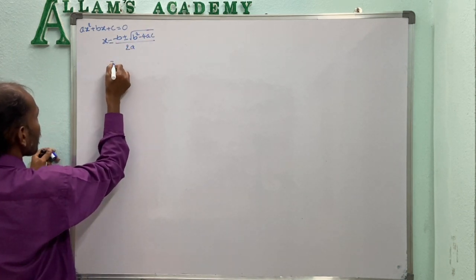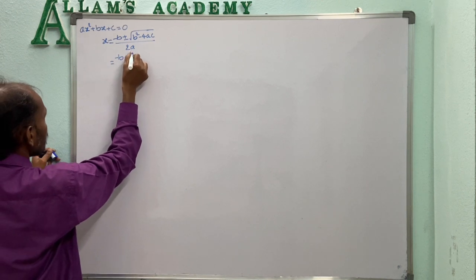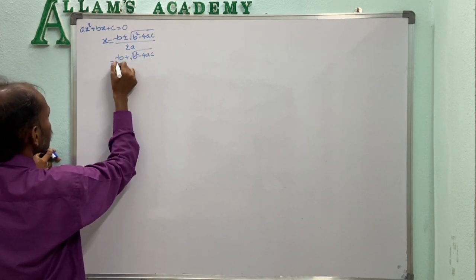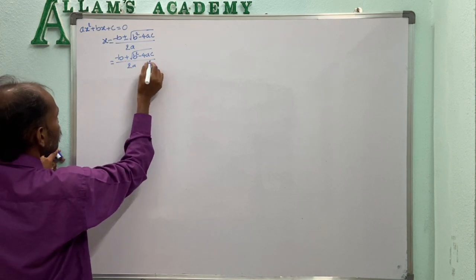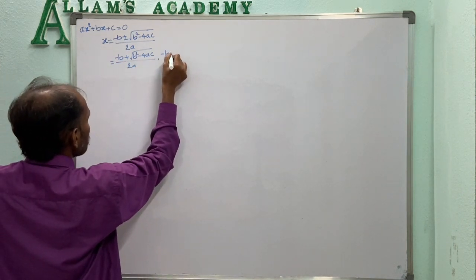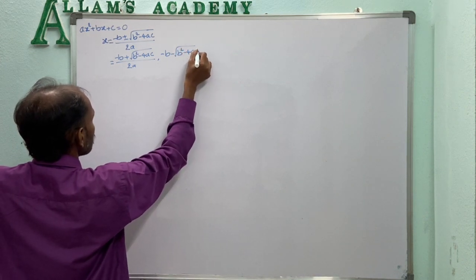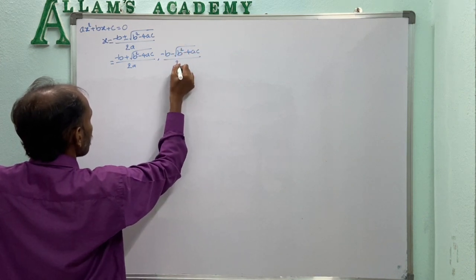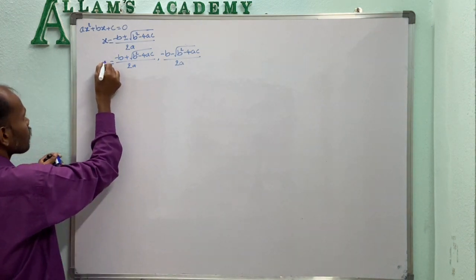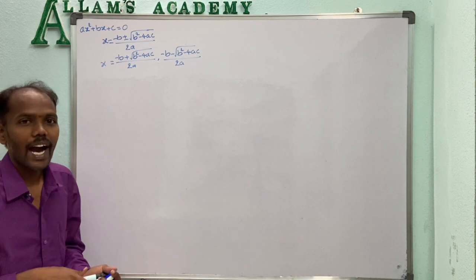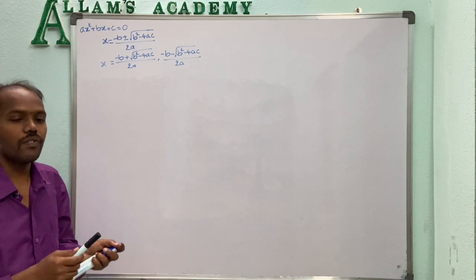That means the two roots are minus b plus under root b square minus 4ac by 2a, and minus b minus under root b square minus 4ac by 2a. Now if we add these two roots or multiply them, what will we get?